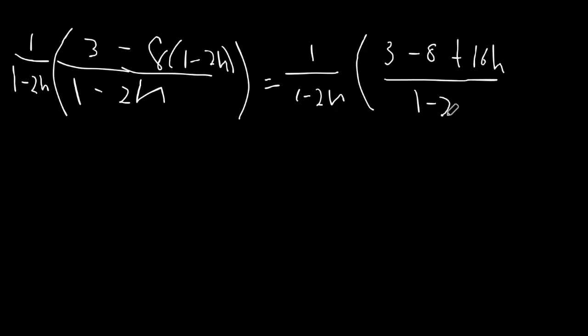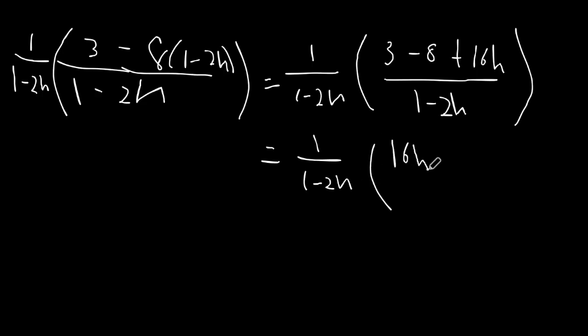So 3 minus 8 is -5. So it's 1 over 1 minus 2h multiplied by 16h minus 5, over 1 minus 2h. And that's your answer.